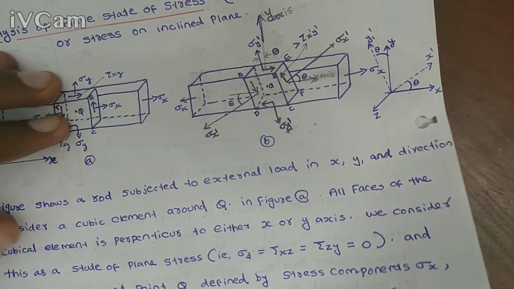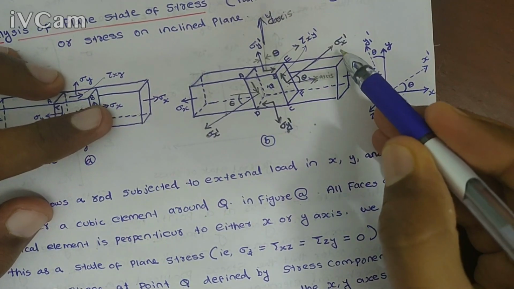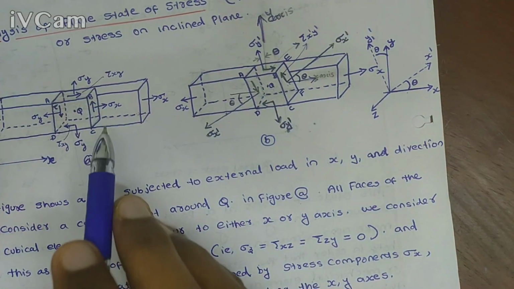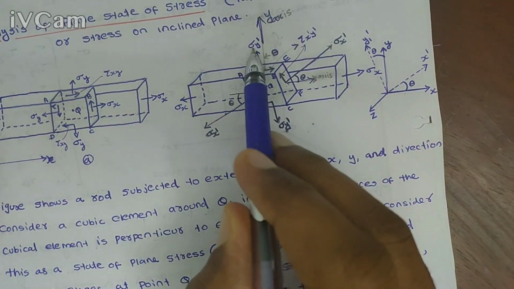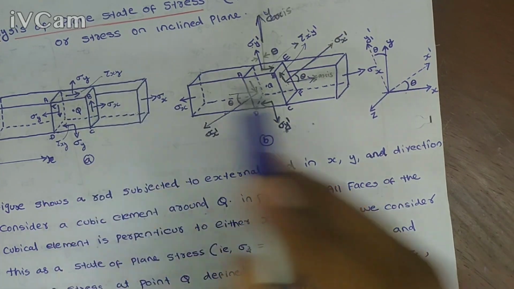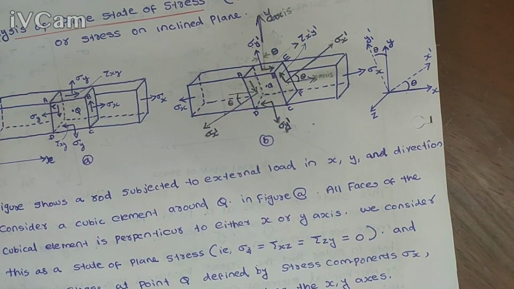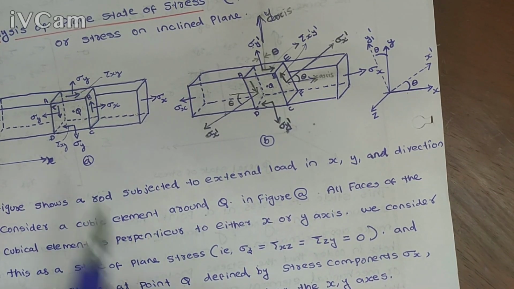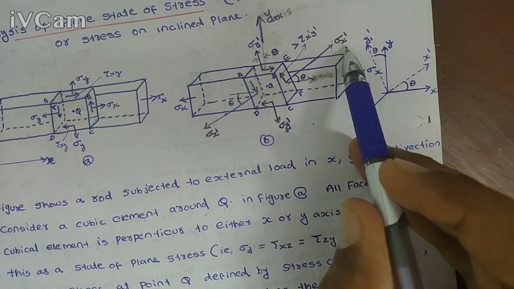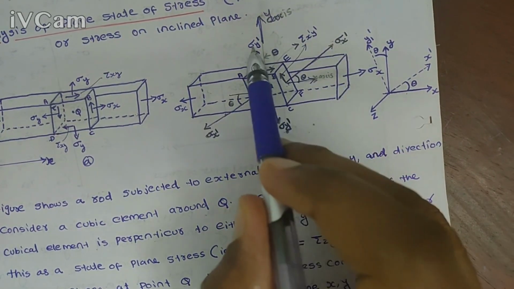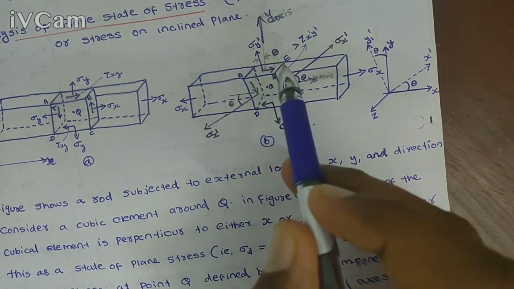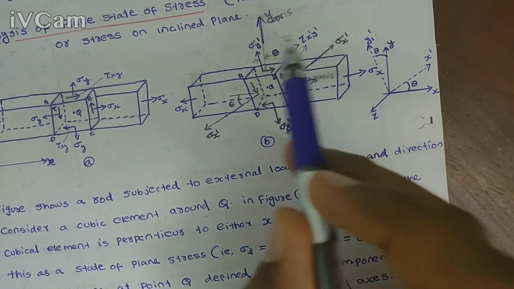After some derivations we got this sigma x dash and sigma y dash, expressed in terms of sigma x, sigma y, tau xy and theta. After transformation of this plane, we got new sigma x dash and sigma y dash.